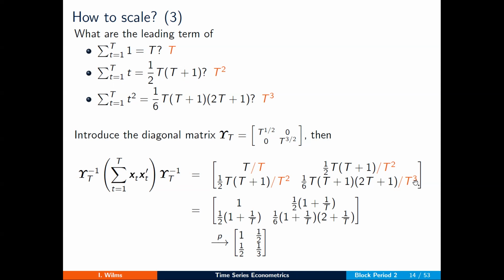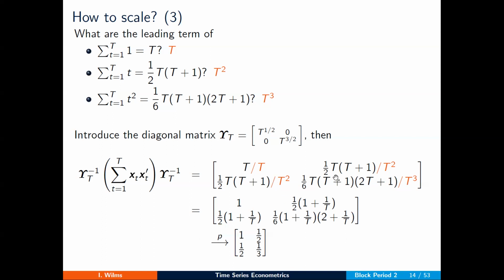For the bottom right entry, we need scaling by t cubed. And if we introduce here the second element on the diagonal, t to the power 3/2, this indeed gives us combined a factor 1 over t to the power 3.